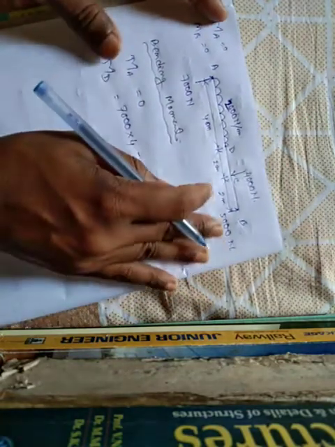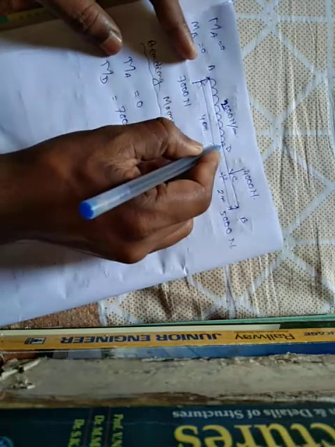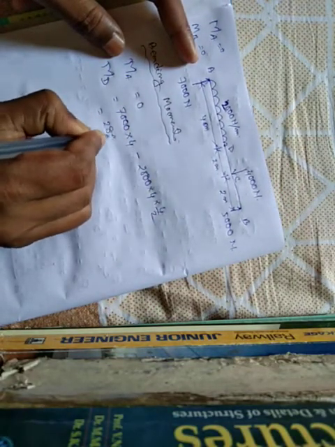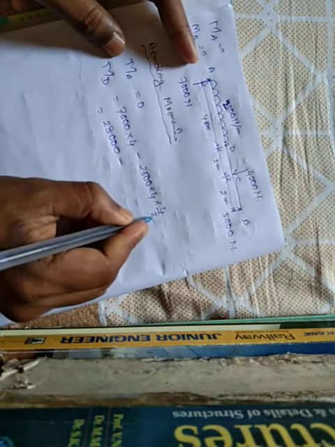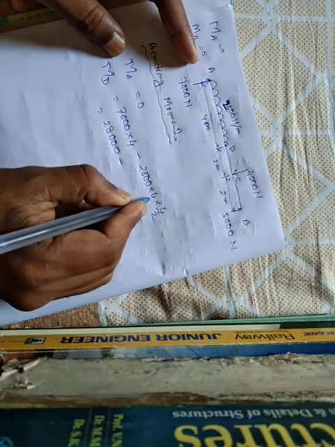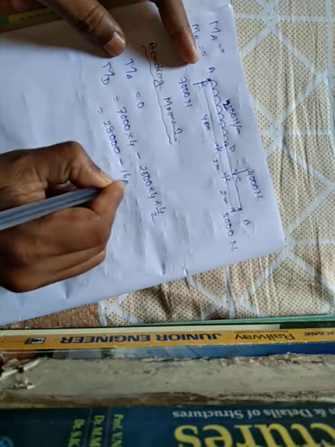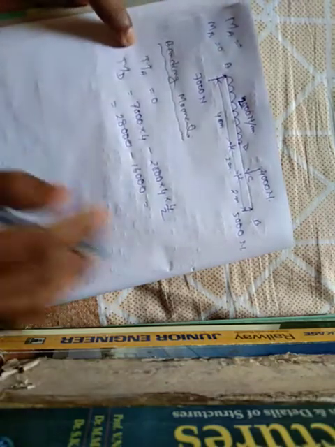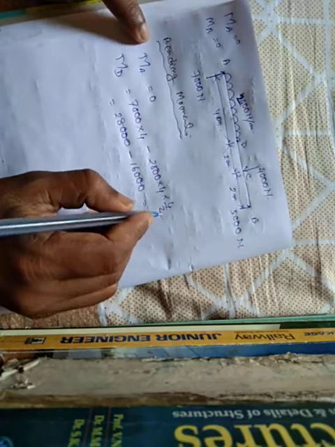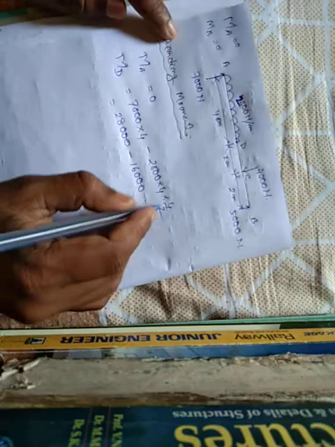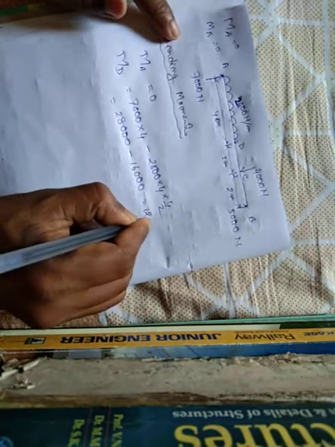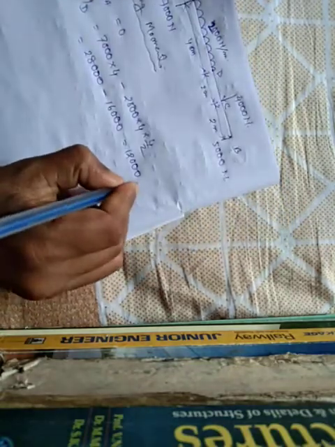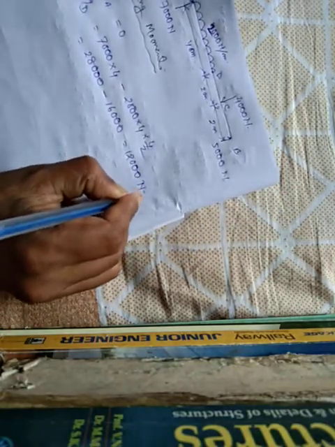This is the bending moment at point D, which is equal to 28,000 minus 16,000, equals 12,000 Newton meter.